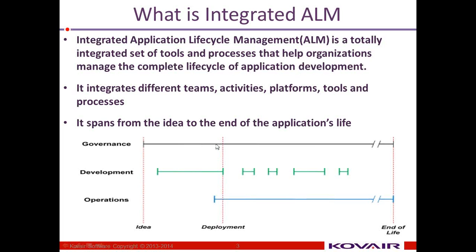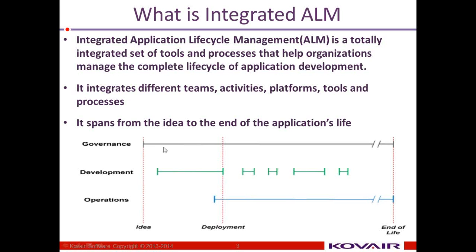So I'll talk about what ALM covers in the next part of the slide, but the integrated ALM also integrates the different teams, activities, platforms, tools, and processes. So these teams may be geographically distributed, as is the common scenario today.